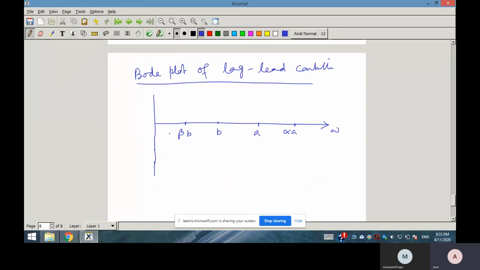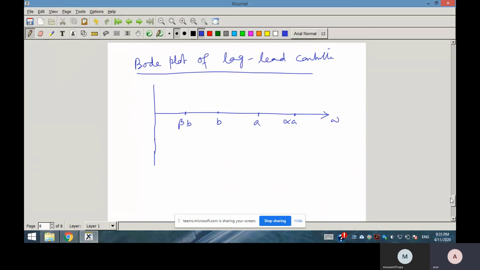If you see, first will be the lag part. Lag part is first according to the chosen ranges, A greater than B. Because A is greater than B, the lag part will be first.